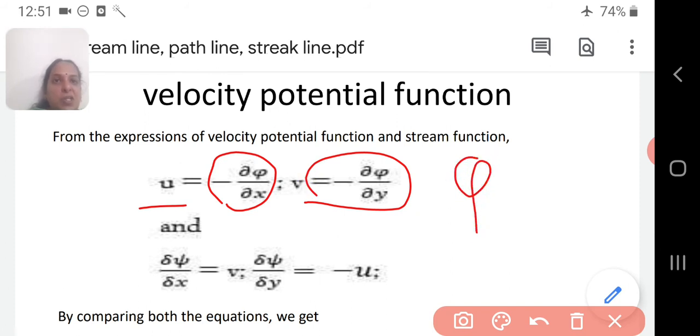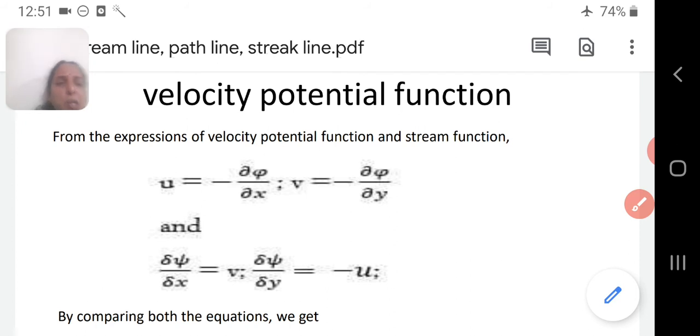In case of the stream function, it is ∂ψ/∂x and ∂ψ/∂y, where ∂ψ/∂x is equal to v, and ∂ψ/∂y is equal to minus u. Now just observe these two equations. You will be able to find a connection between these two.